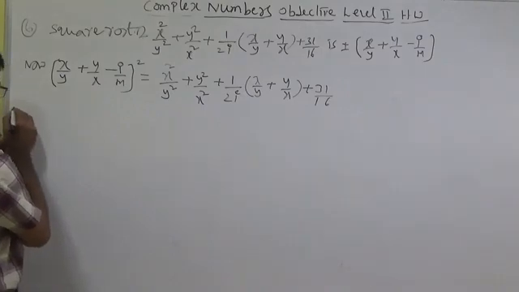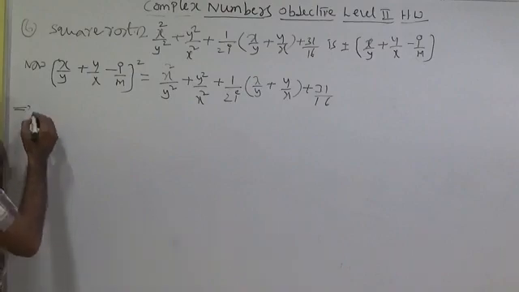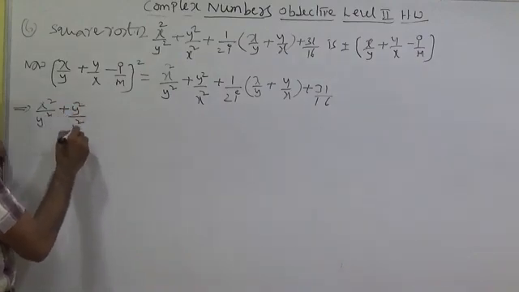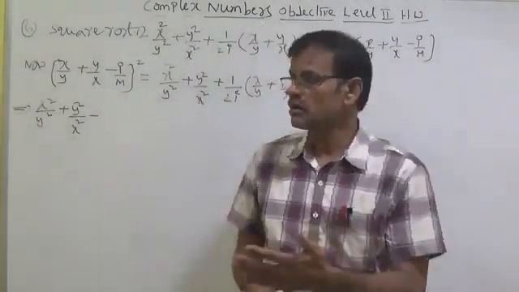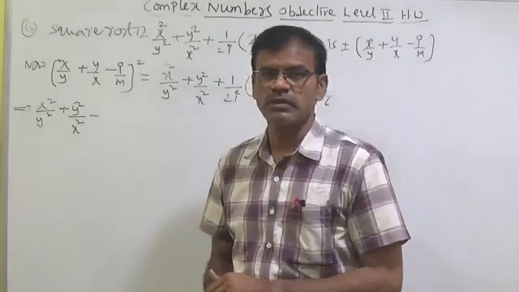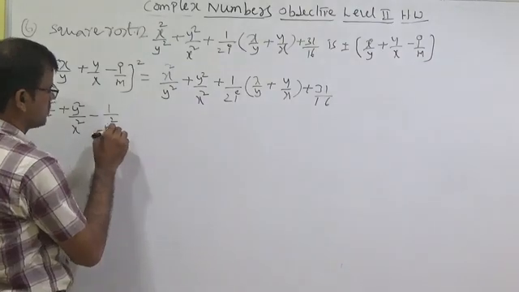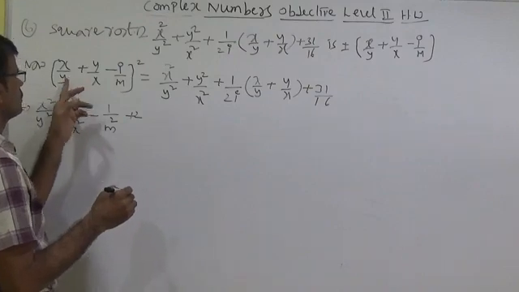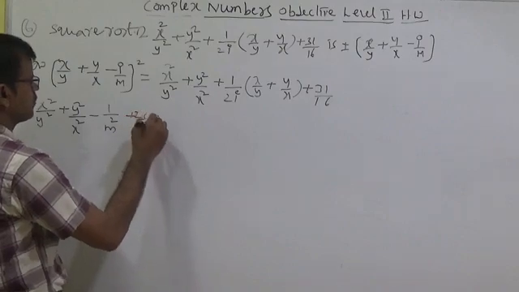That implies, now like the a plus b plus c whole square formula, right? a square plus b square plus c square plus 2ab plus 2bc plus 2ca concept. So this is x square by y square plus y square by x square plus i square by m square. So minus, of course it is plus i square by m square, so minus 1 by m square you can write, plus this is the 2ab formula, 2 into x by y into y by x becomes only 2 into 1.